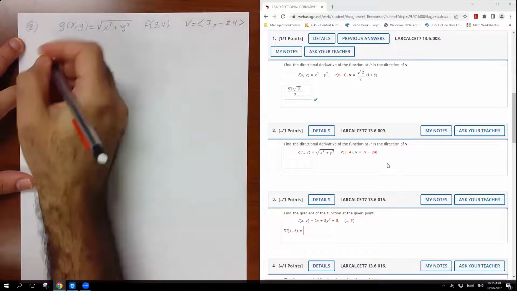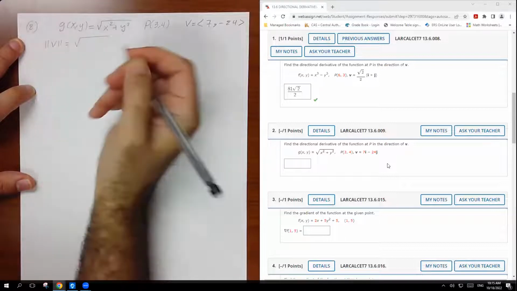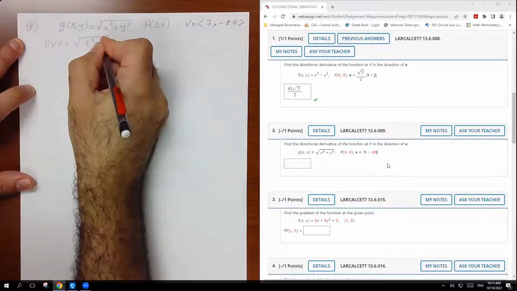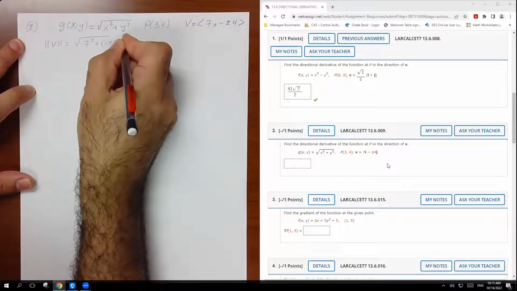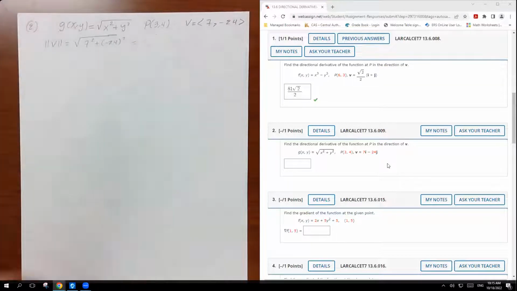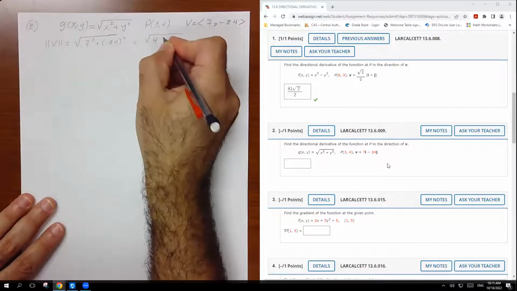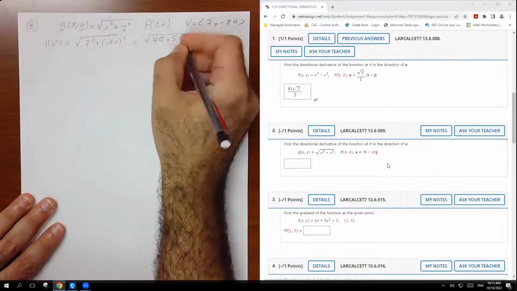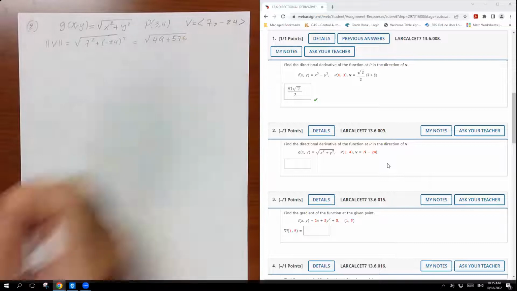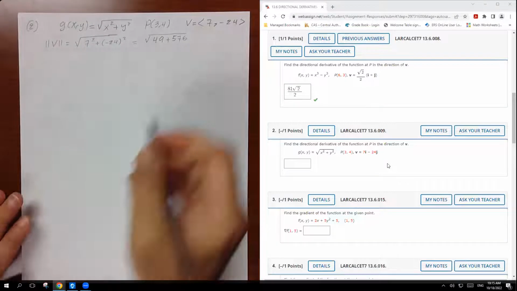So the length of V is equal to the square root of 7 squared plus negative 24 squared. 24 times 24 is 576, plus 49, is going to be 625.